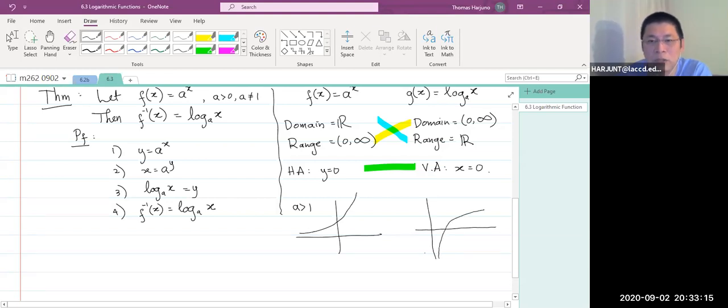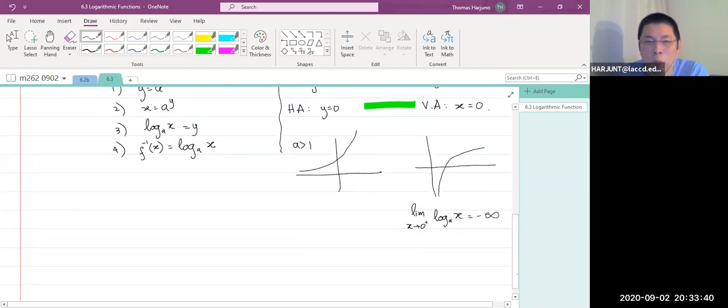But notice that as x approaches 0 from the positive side, the limit of log base a of x goes to negative infinity.